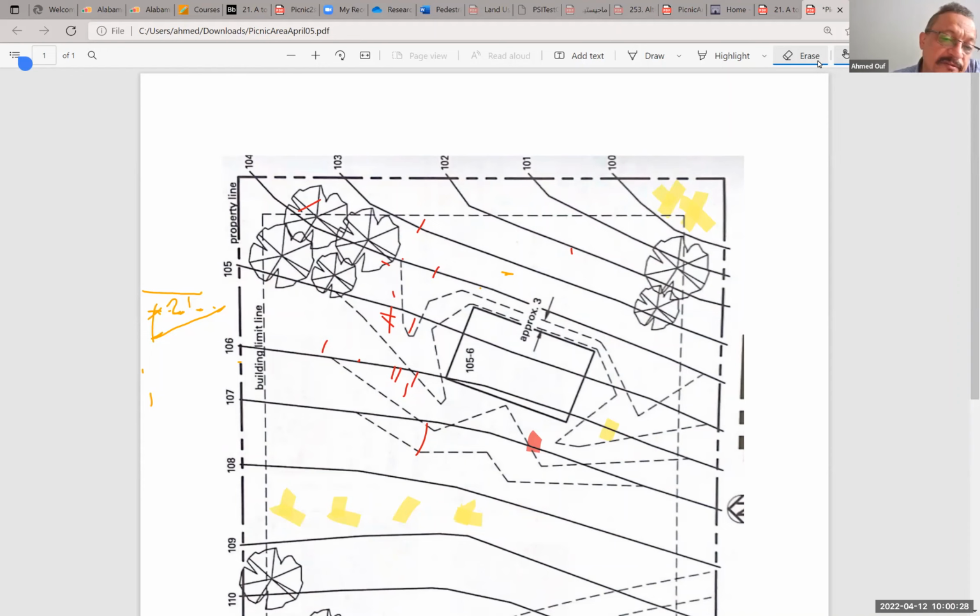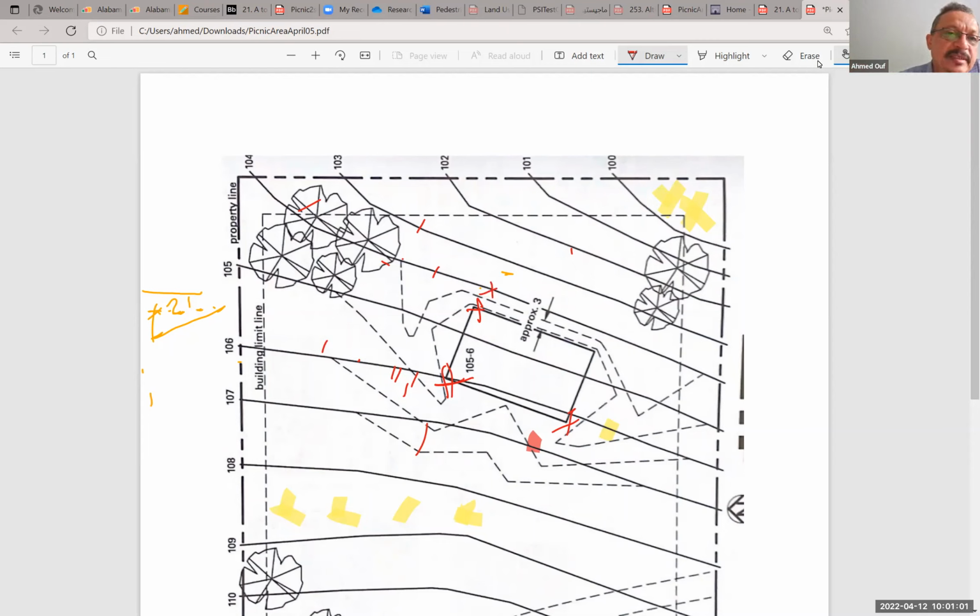So if this point here is 106 and this point is 106, then what happens here is like 105.10 or something, because we cannot actually slope the pad much. And this point still is 104.